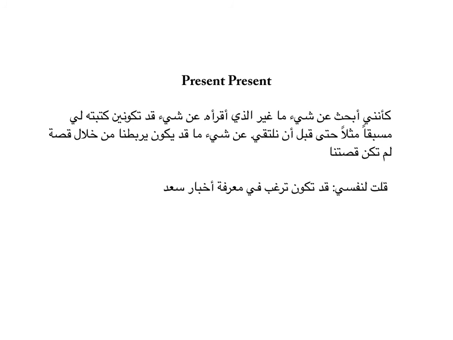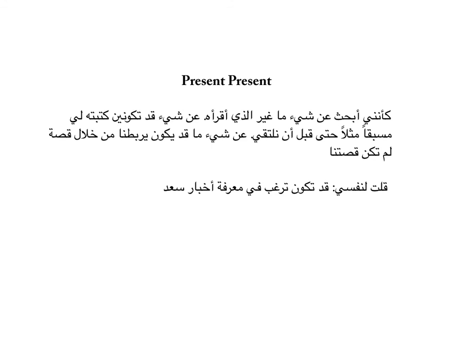I'm using the same sentence as an example, just a continuation from it, because then we get a present tense later on. Still talking about searching for something عن شيء ما قد يكون يربطنا من خلال قصة لم تكن قصتنا.